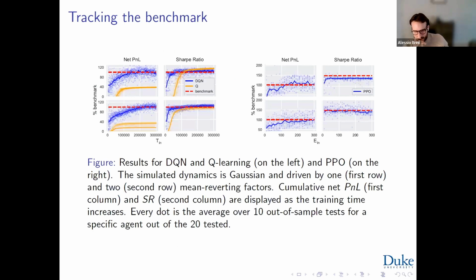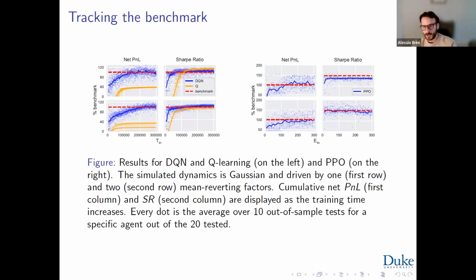And now I have the last two slides of this presentation, which give us an idea of how good RL actually is in trying to retrieve that solution. As you see, you have two plots here. The plots on the left represent the results for the deep Q network and Q learning. So you have both a deep reinforcement learning and a tabular reinforcement learning algorithm, while on the right you have the proximal policy optimization, which is a policy-based method.